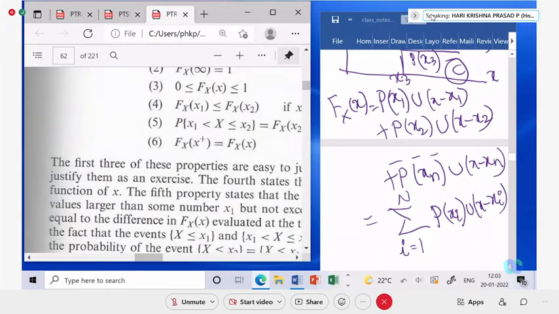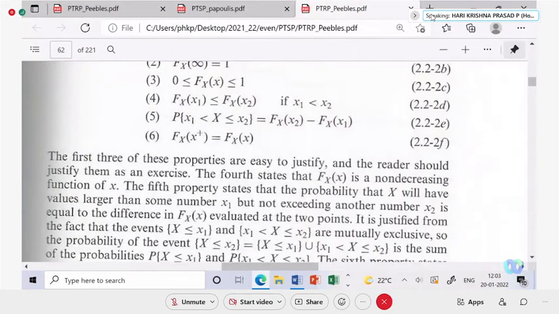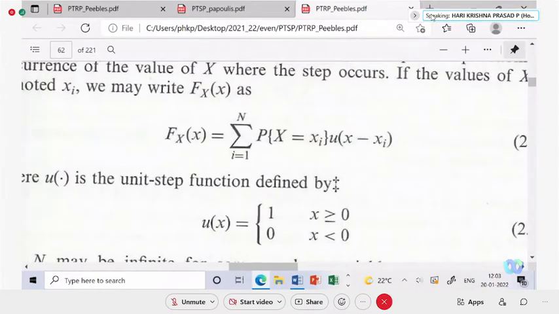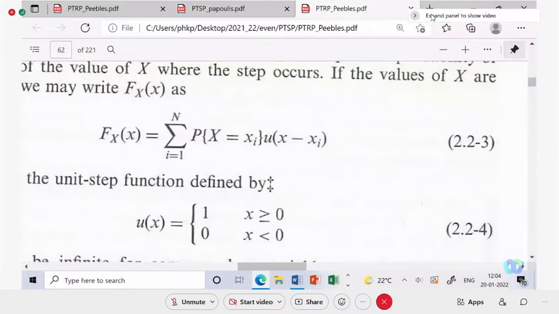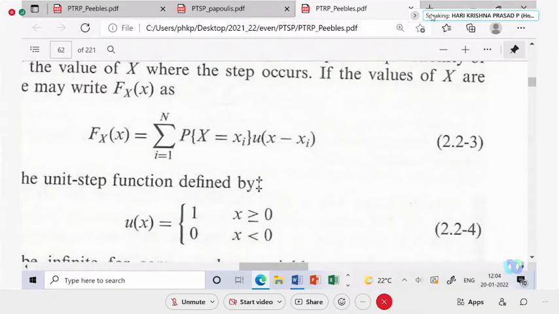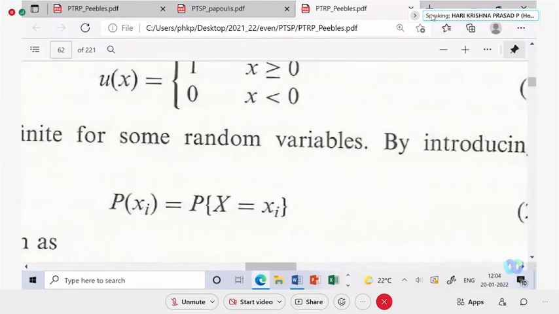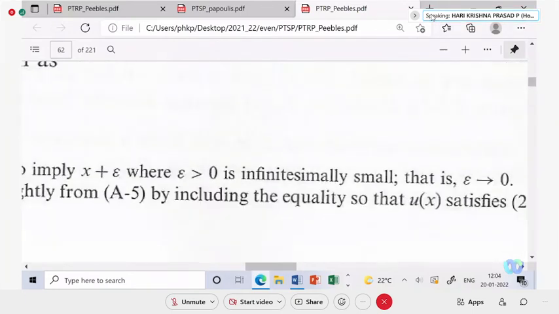Okay, let me again expand this. So the distribution function Fx of x equals summation over the product of p of x equal to xi, u of x minus xi. So u of x minus xi is the unit step function. It is scaled by p of x equal to xi, which is nothing but p of xi.